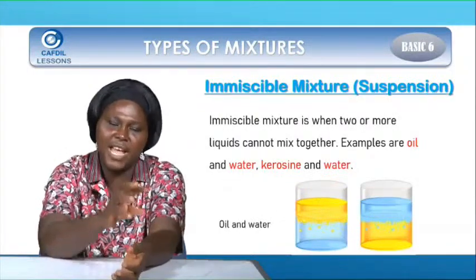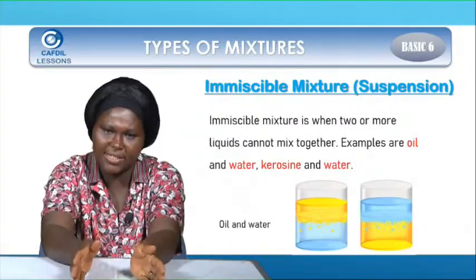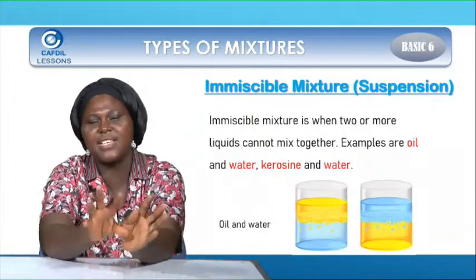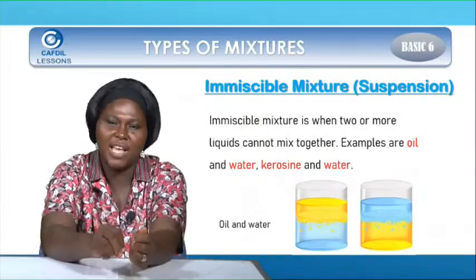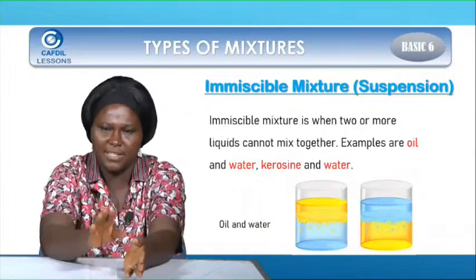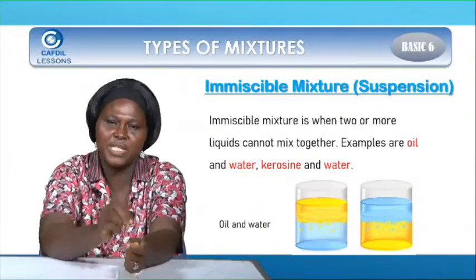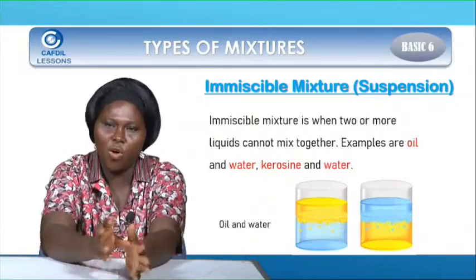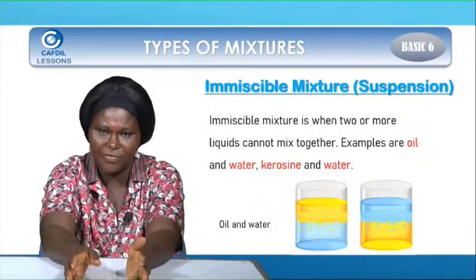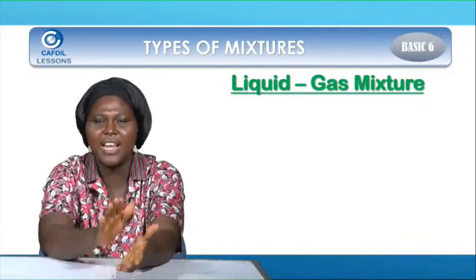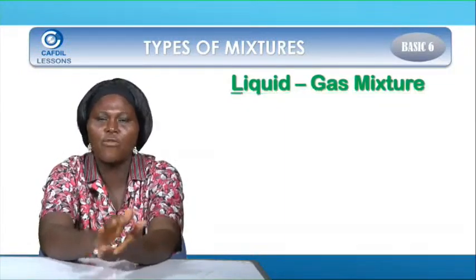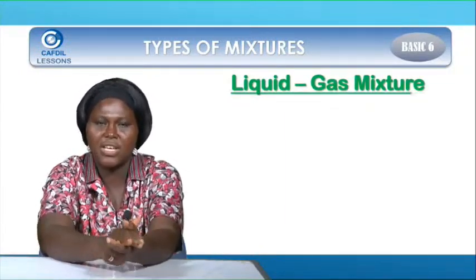So we have the less dense and the dense. The oil is less dense and the water is denser than the oil. So we call this immiscible mixture or suspension.